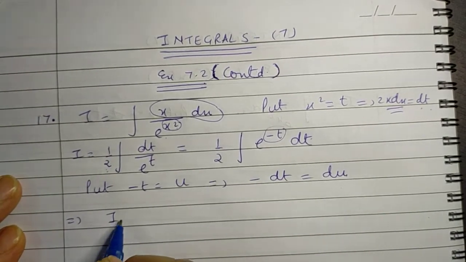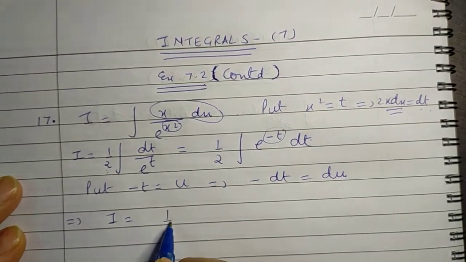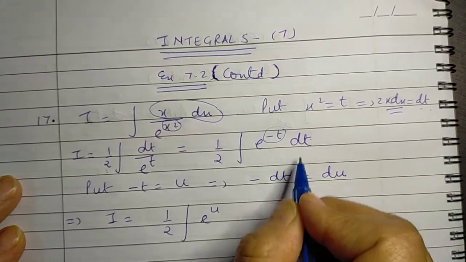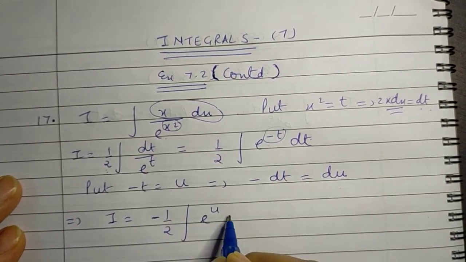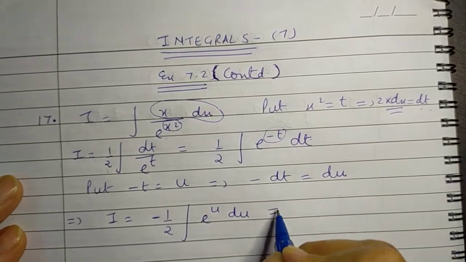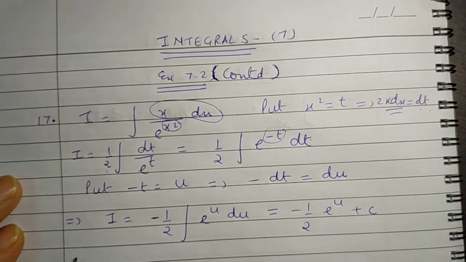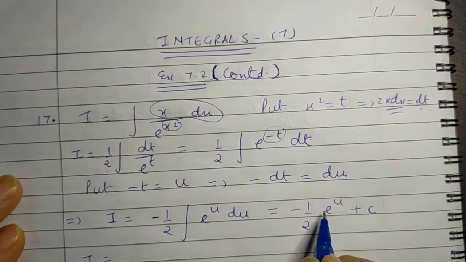So this gives us I is equal to half of e raised to the power of u. In place of dt, I'll write minus of du, which gives us minus half e raised to u plus c.